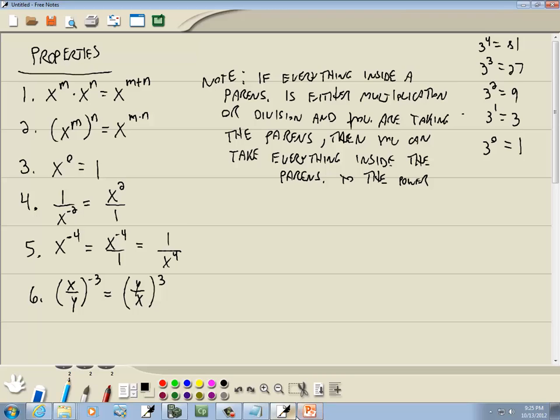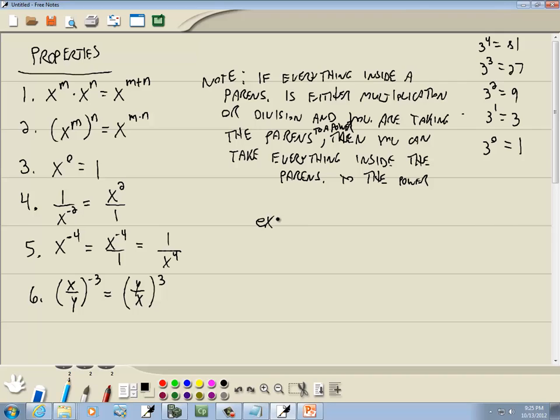More and more I talk like Yoda and write like Yoda. If everything inside of parentheses is either multiplication or division, you're taking the parentheses to a power, then you take everything inside the parentheses to the power.